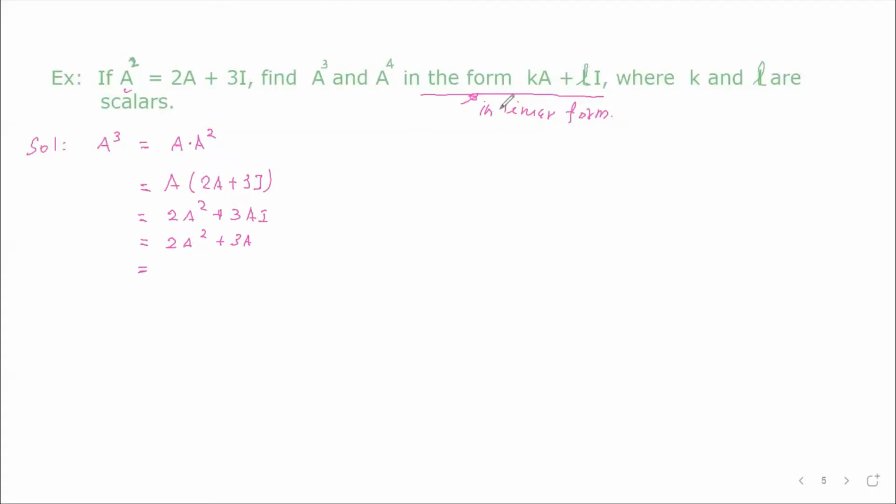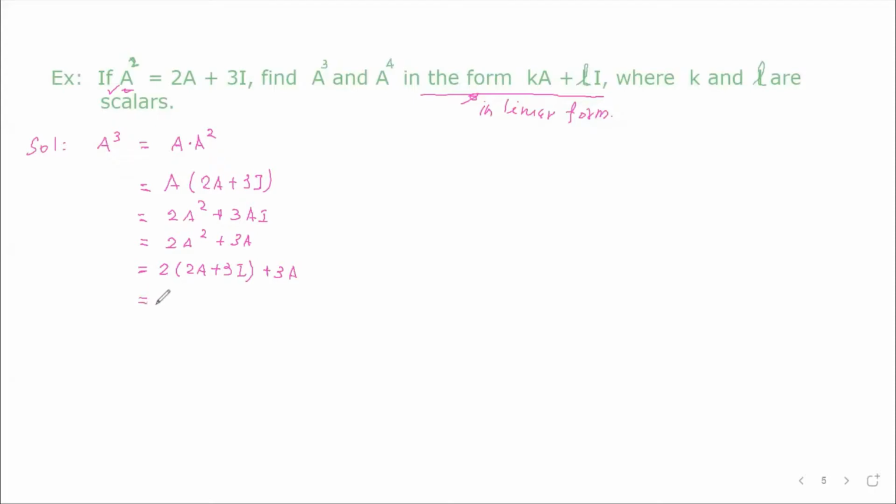Then this one again, we are going to simplify in this pattern. How do we do the next step? Just repeat this one again. Because we have A square equal to this, we just substitute inside. So this is going to be replaced with 2A plus 3I, because A square is equal to this one, right? Then plus 3A.